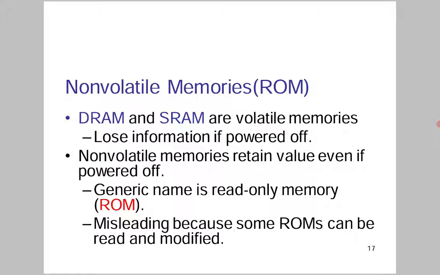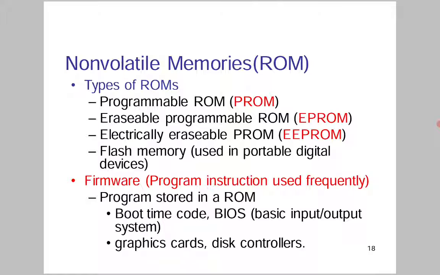So ROMs are generally non-volatile memory, meaning permanent values, permanent memories. Even though the power supply is gone or powered off, the data or information will be retained as it is. So non-volatile memories are of different types.